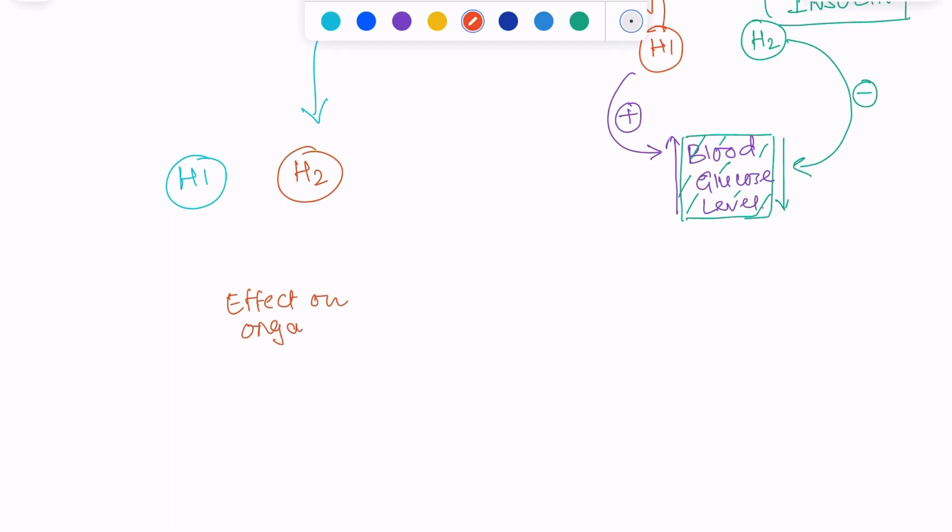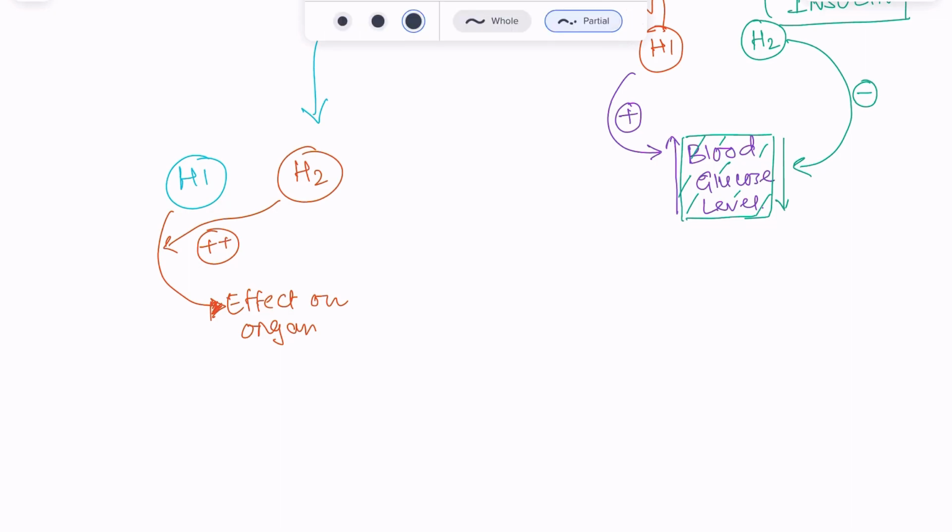Hormone 1 is having some effect on that organ, and when hormone 2 is there, the effectiveness of the organ towards hormone 1 is increased. Hope you got that.